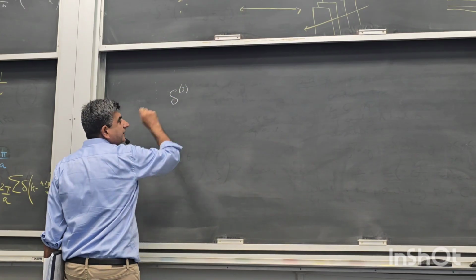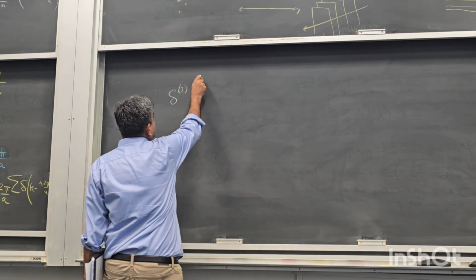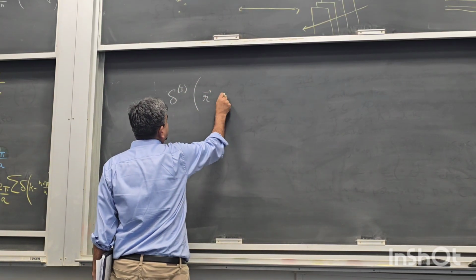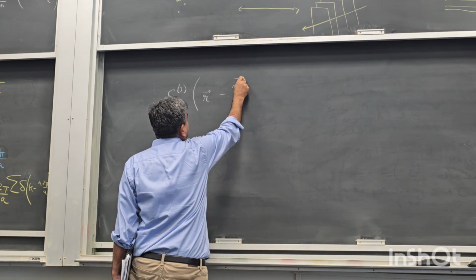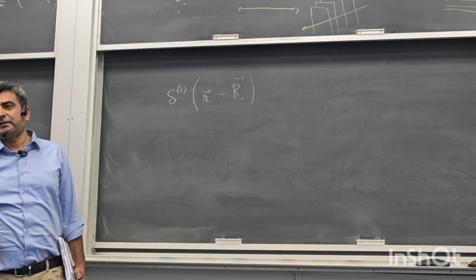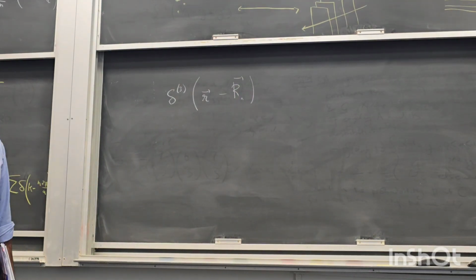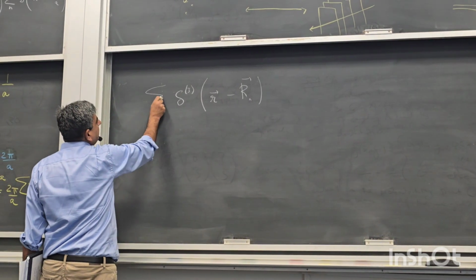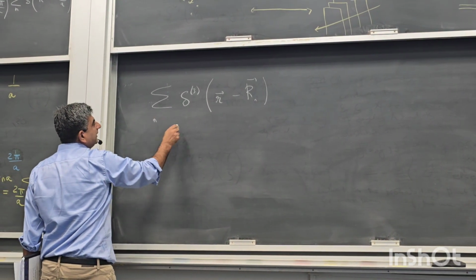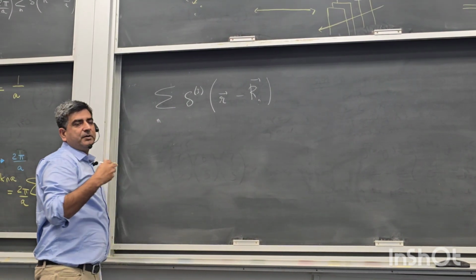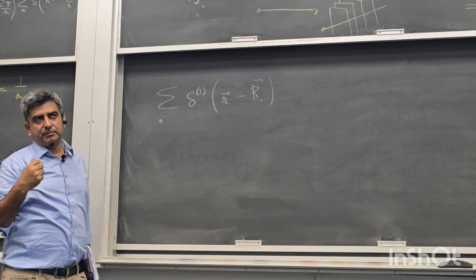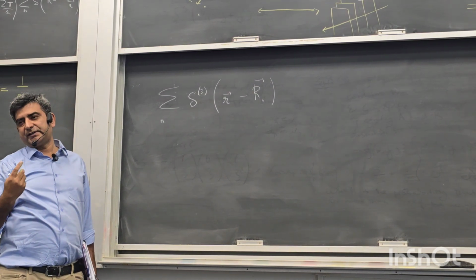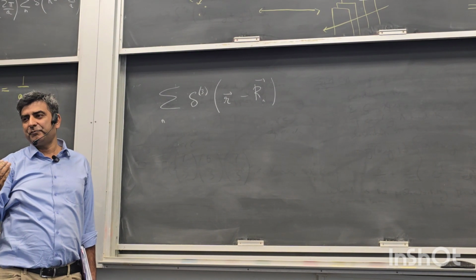a 3-dimensional direct delta function, R minus some Rn, where the Rn's are the translation vectors along A, B, C, and I take the sum over all n's. Now this n is really a tuple of points. It has 3 integers, n1, n2, n3.